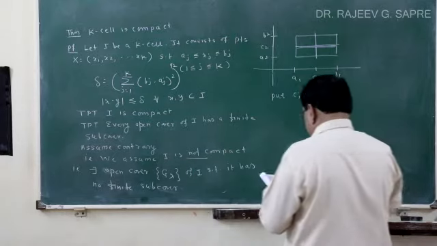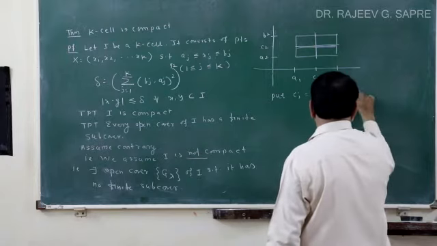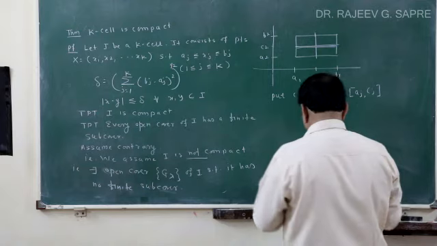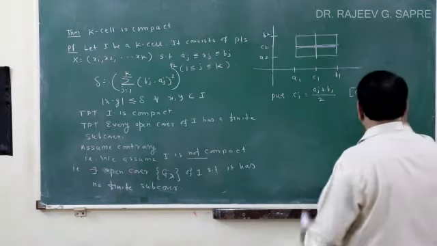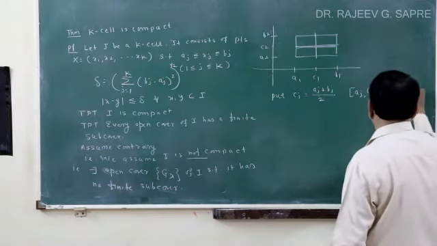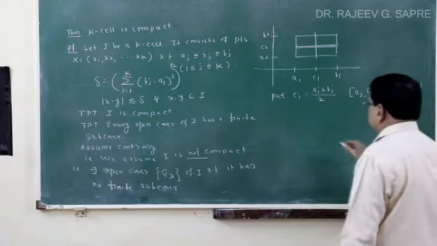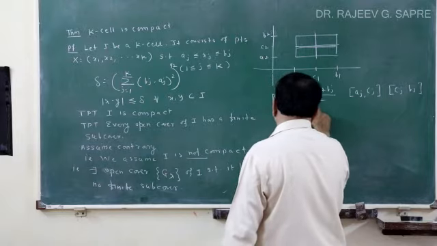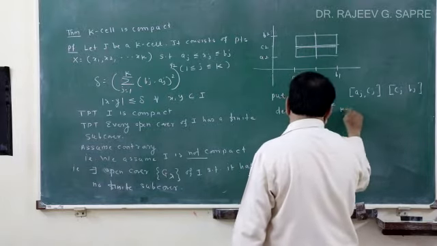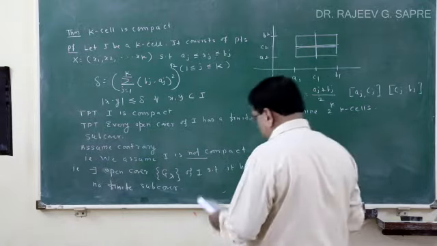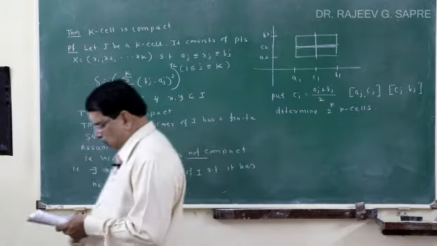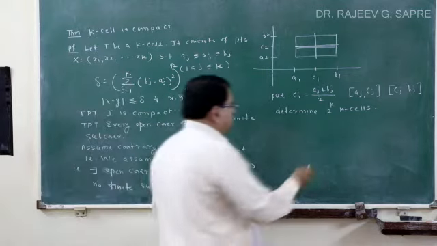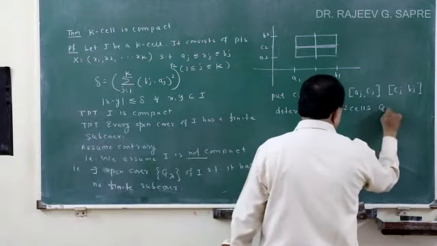The intervals Aj Cj and Cj Bj determine 2 raised to K cells whose union is I. These 2 raised to K cells we will call Qi.